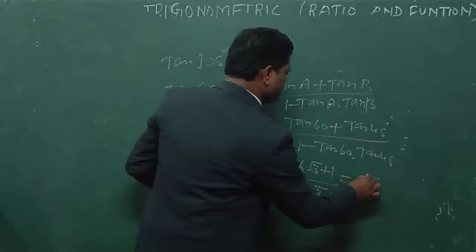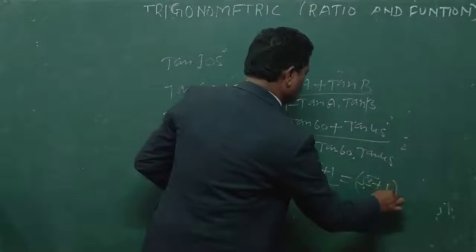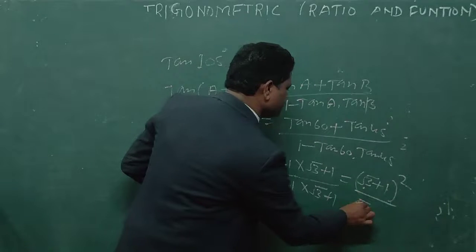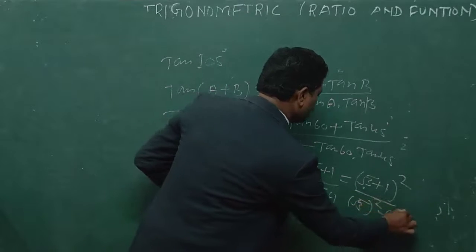Just like here, multiply by the plus form: root 3 plus 1 by root 3 plus 1. Then we get root 3 plus 1 the whole square by root 3 whole square minus 1 whole square.